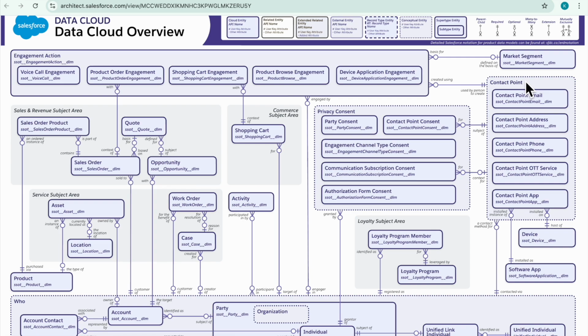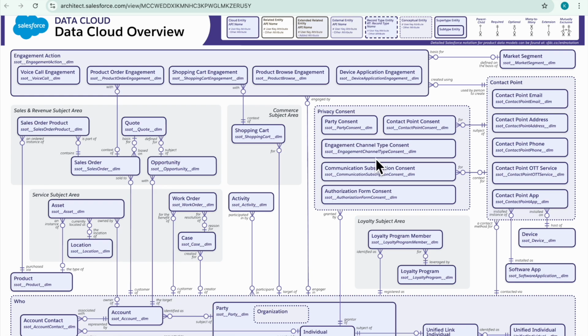But as a practitioner, you must have identified one data set having accurate information about the customer. So that information is mapped to contact point whenever the DMOs are mapped. So again, this is getting deeper into the data cloud. So when you explore data cloud, you will understand the significance of contact point. Another important thing is privacy consent.